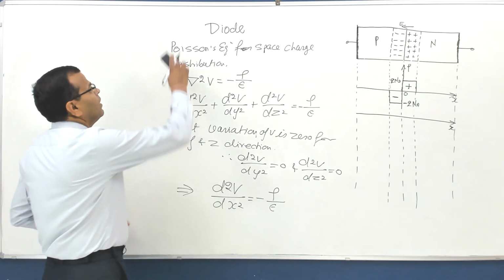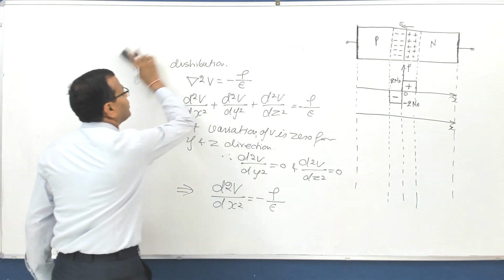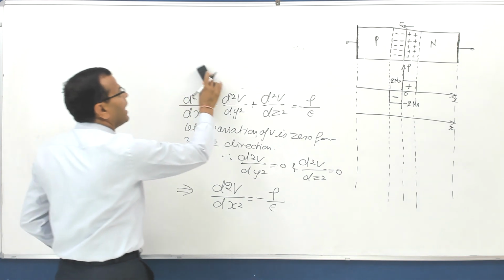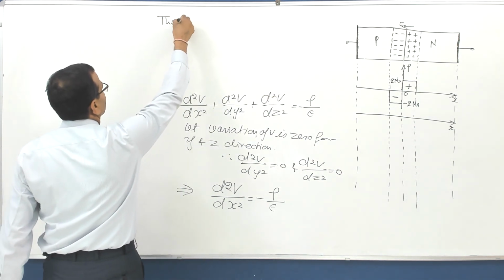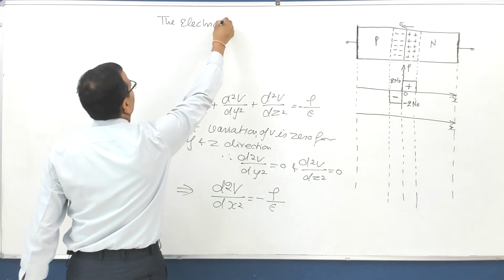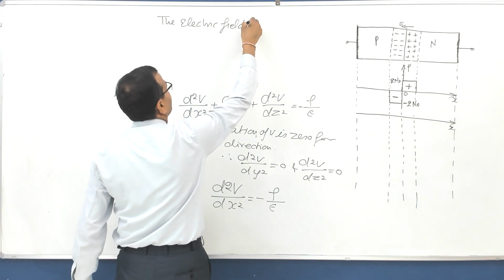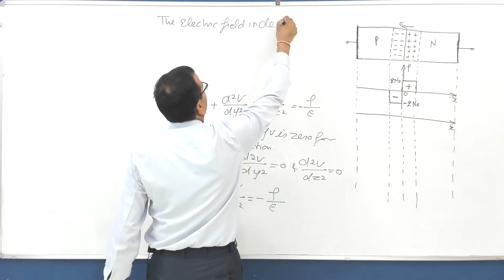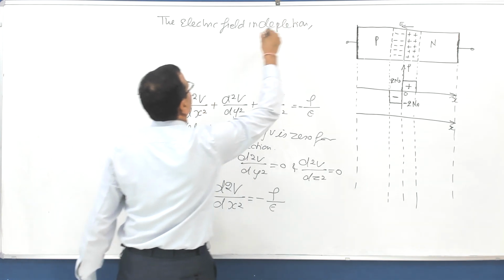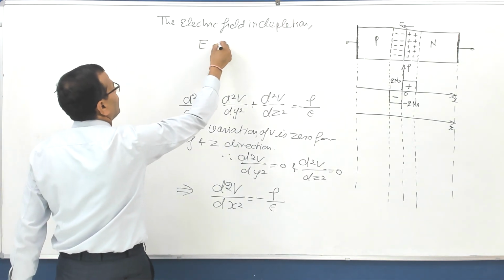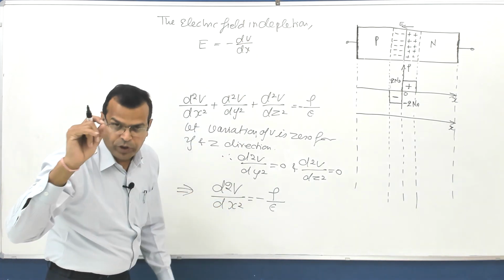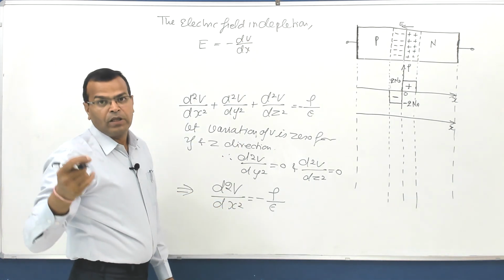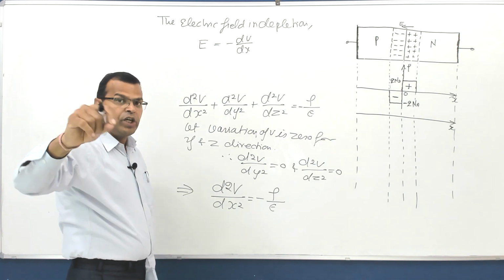Now there is an important relationship between electric field and potential. The electric field in the depletion layer can be related to voltage: E is equal to minus dV by dx, that is known as potential gradient. Electric field is the negative of the potential gradient.